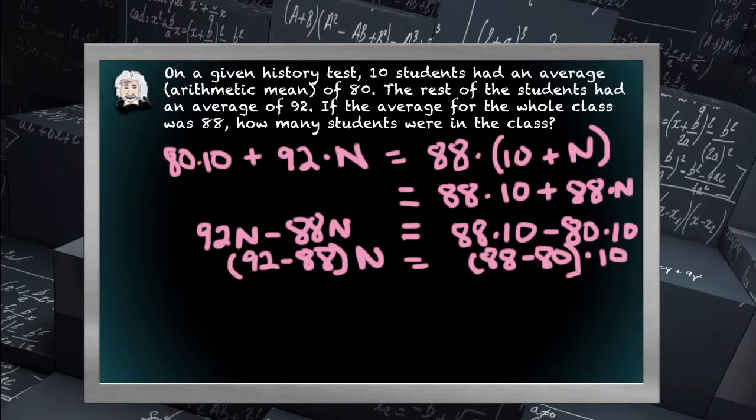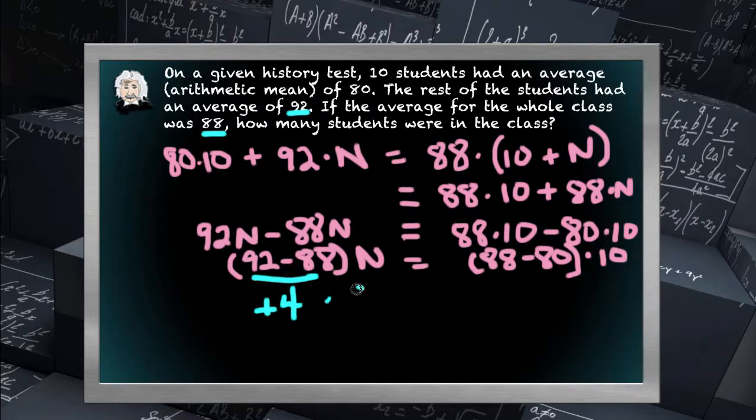Now let's pause for a moment to understand exactly what these numbers mean. The 92 minus the 88 really is the difference of group 2 scores from the average score. So group 2 was plus 4 relative to the average score. n was the number of students for group 2. It was our count for group 2, right?